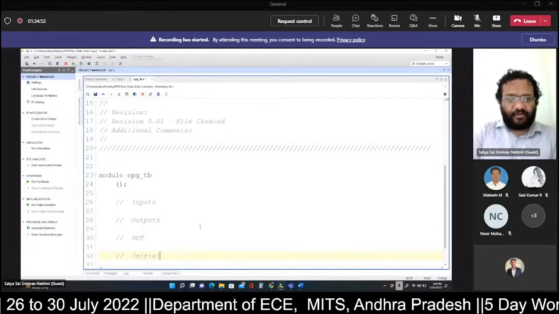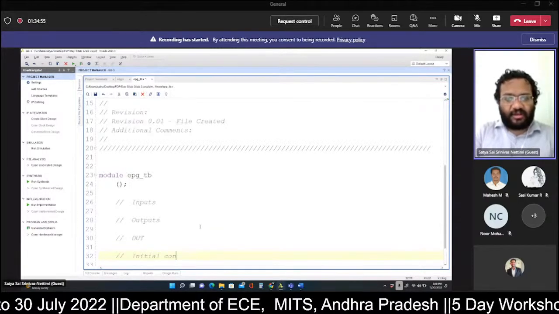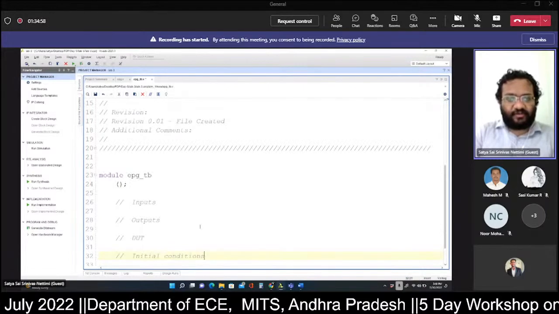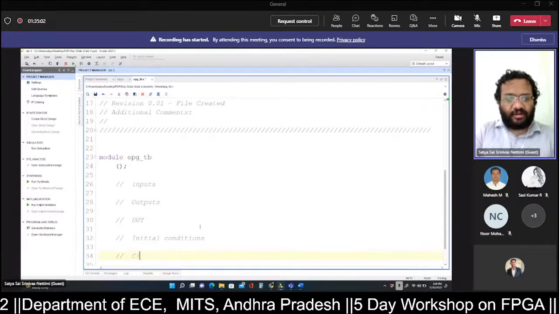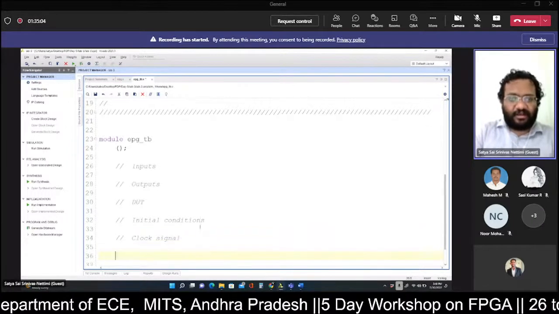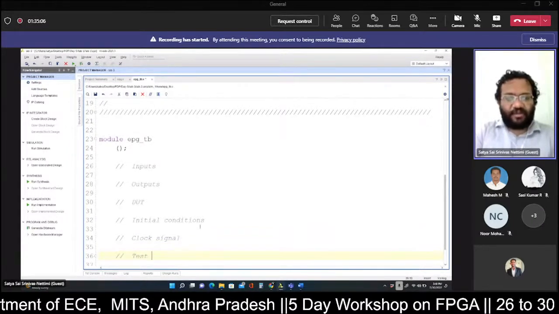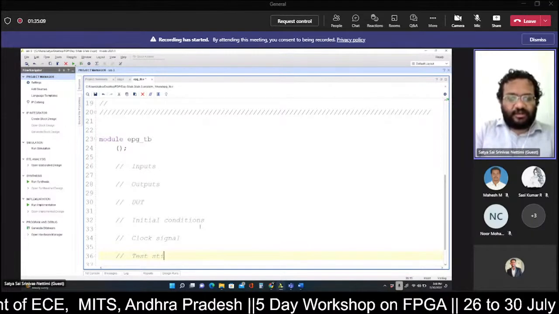After that, the test bench. Next we have to generate stimuli.